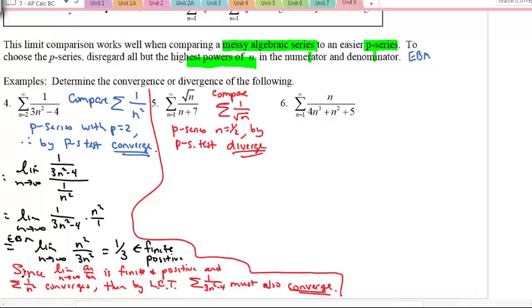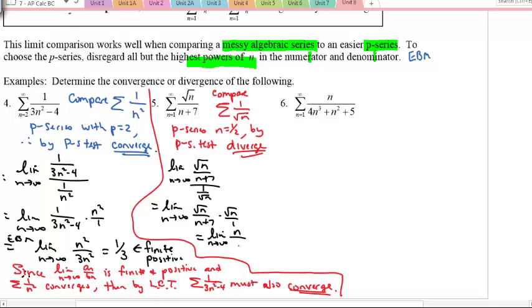Okay, so let's take the limit now. Take the limit as n approaches infinity of root n over n plus 7 divided by 1 over root n. That, of course, if you want to skip a step and write it nicer, is just multiplying by root n over 1. Root n times root n is just n, so this is the limit as n approaches infinity of n over n plus 7.